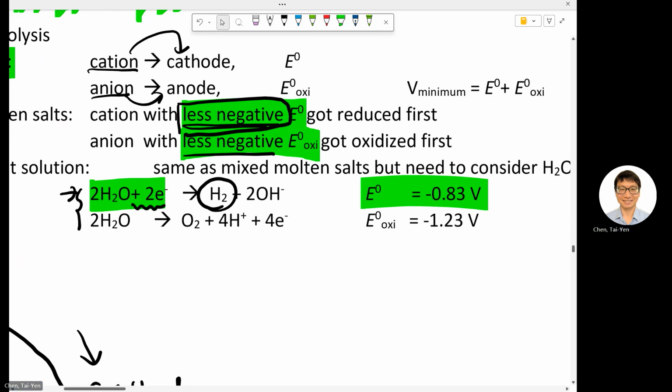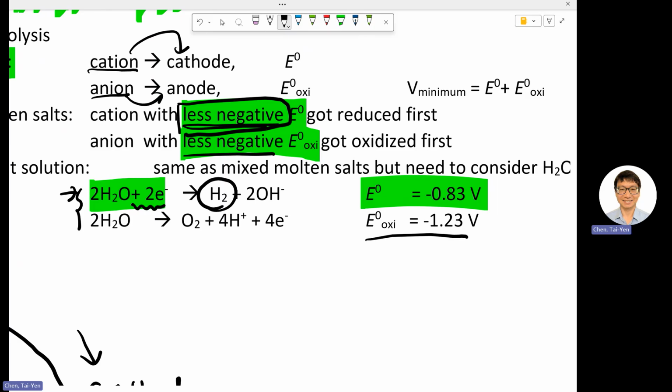All right. Before we go into examples, I want you to really memorize the product of water.